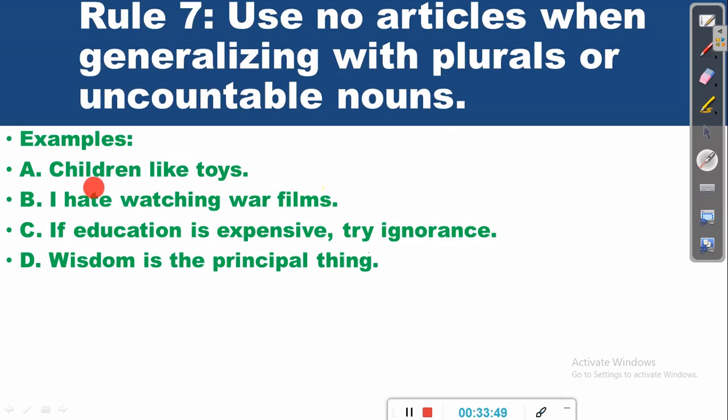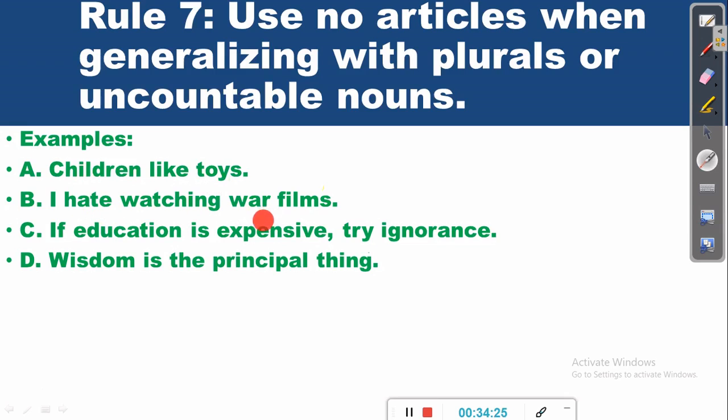Children is plural, and so we don't have to say a children or an children. We don't need to put the definite article there, the children like toys, unless we are talking about a particular group of children. But if we are talking about children in general, when generalizing with a plural, we don't need any article. Children like toys.